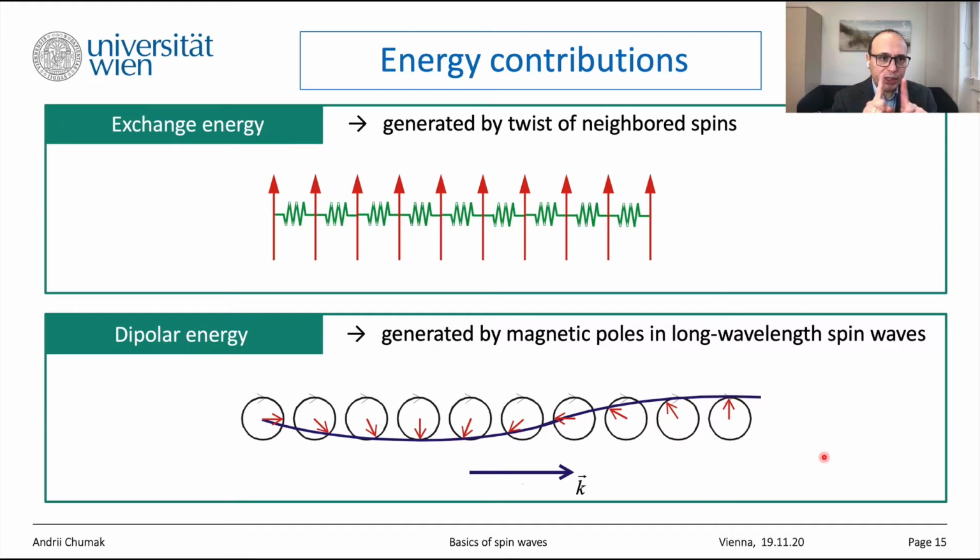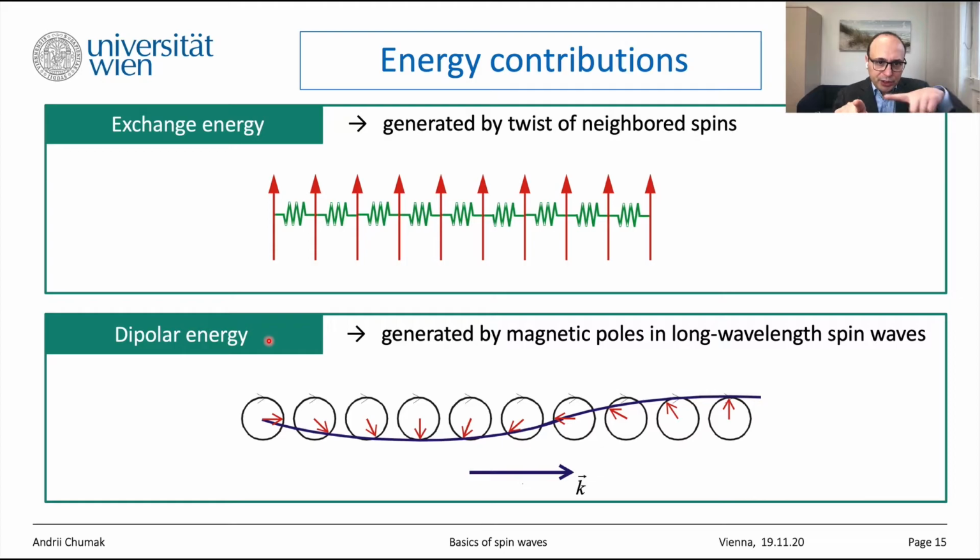And usually exchange interactions in a ferromagnetic material just want to keep all your spins parallel. As soon as you try to change the angle, it increases the energy. And besides, you have the so-called dipolar energy. You can understand dipolar energy if you have compass arrows and put many of them close.